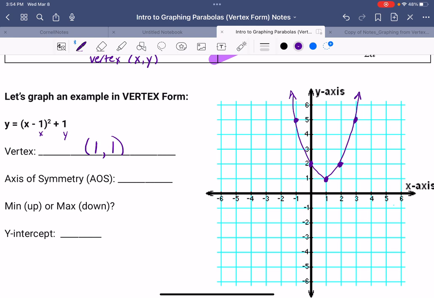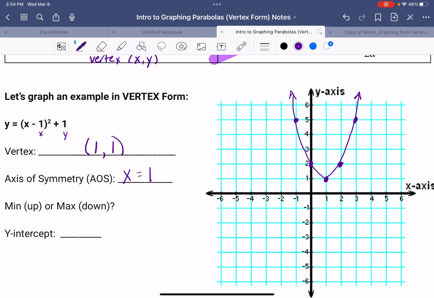Now that I've graphed this, you guys remember my symmetry is right down the center, which ends up crossing my number here. What's my number? 1. What's my x? 1. Axis of symmetry is equal to 1.